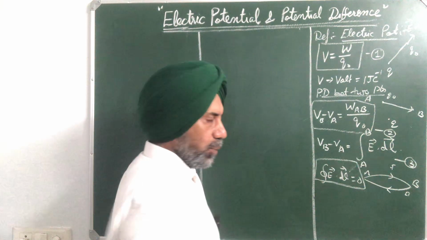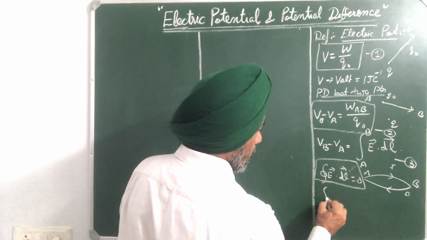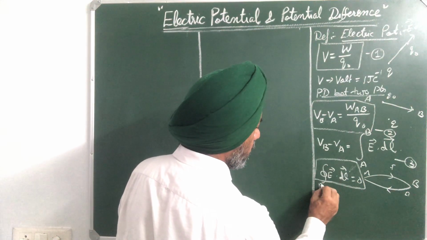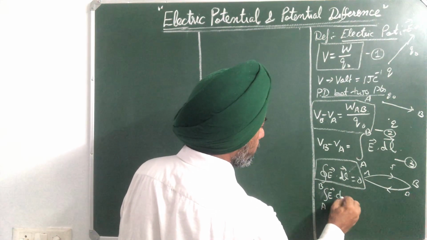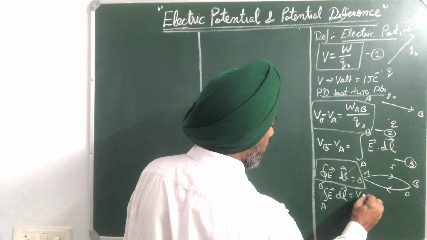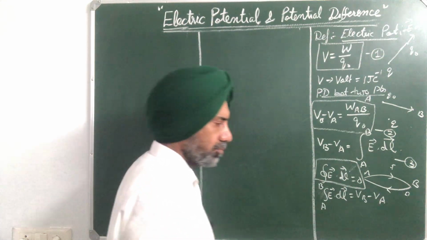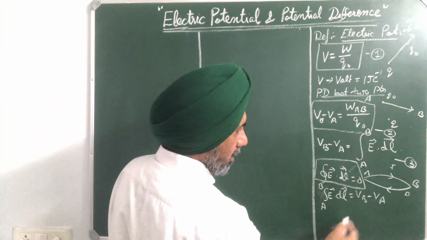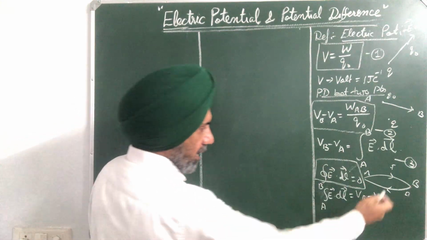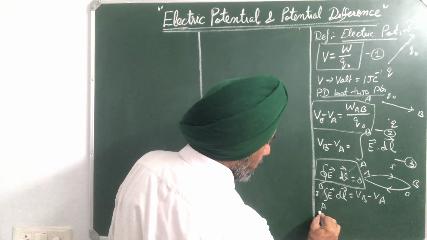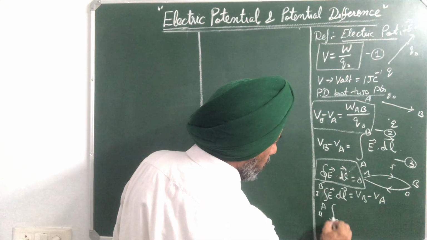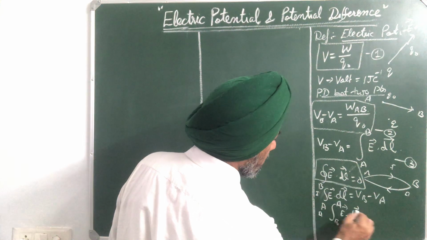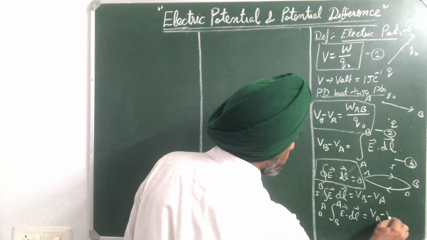Now, let me go from A to B. Then the integral of E dot dl from A to B, by definition, is equal to VB minus VA. And when we go from B to A through another path, say the second path, the integral of E dot dl from B to A will be VA minus VB.